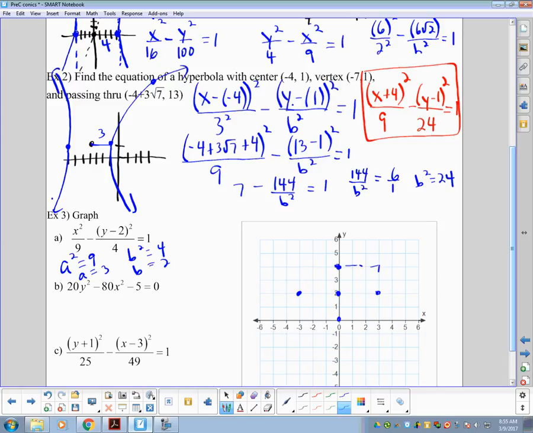Draw the box. And it doesn't hurt to draw in the asymptotes, then at least you know how wide it is. And then just quickly sketch it. It's going to approach those asymptotes like this. And that's it.